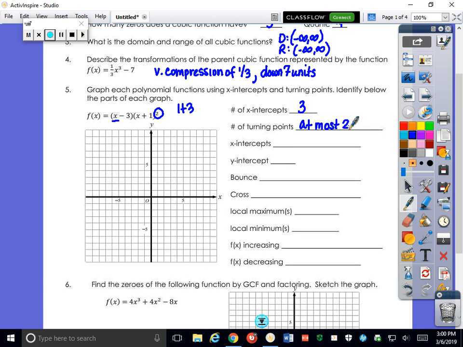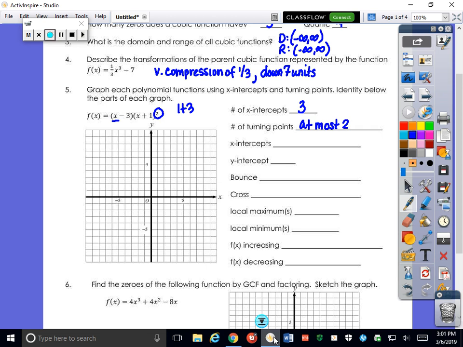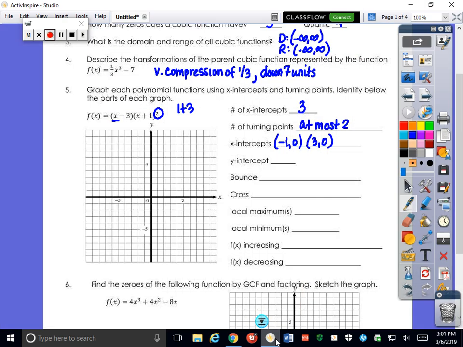Okay, x-intercepts. So we can go back to our Desmos, and looks like we've got 2 of them at -1, 0 and at 3, 0. The y-intercept, when we go back to it, is 0, -3. Okay, bouncing and crossing.